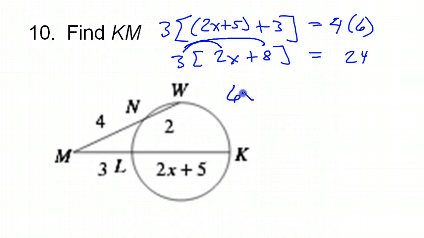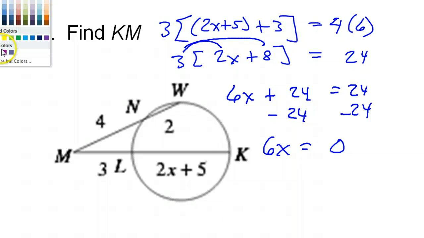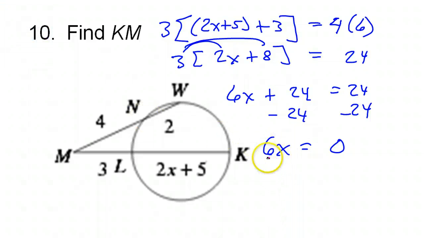So that would make 6x plus 24 is equal to 24. Interesting. I will subtract 24 from both sides and get 0. So dividing both sides by 6, that gives me x equals 0.